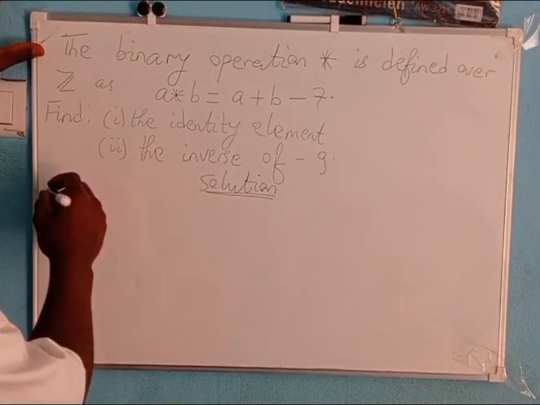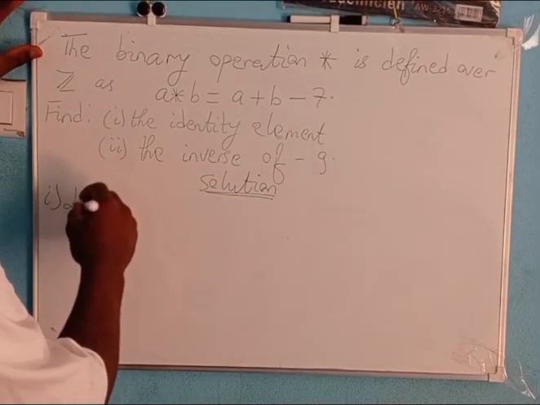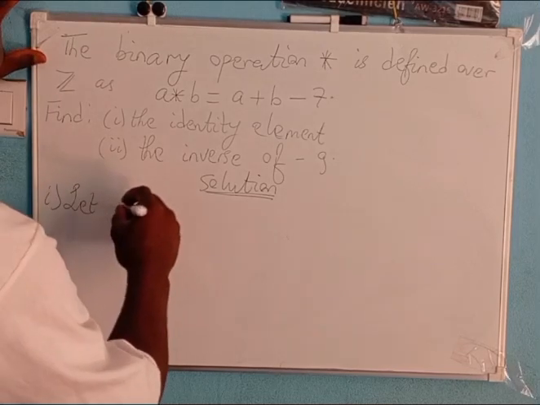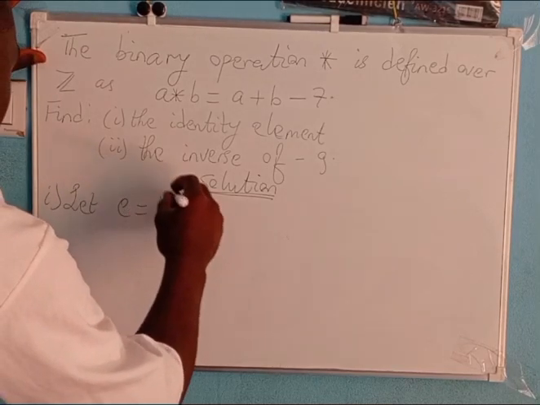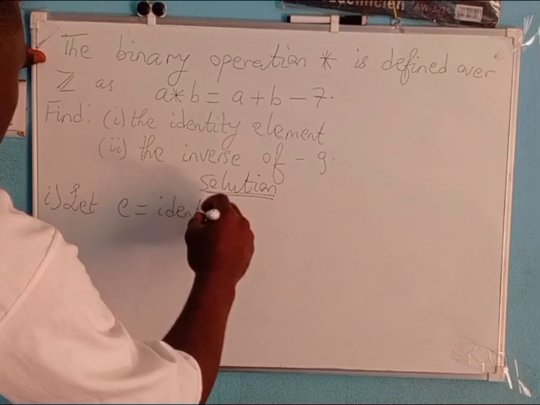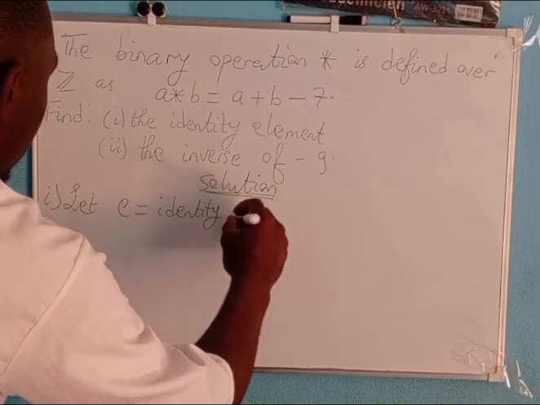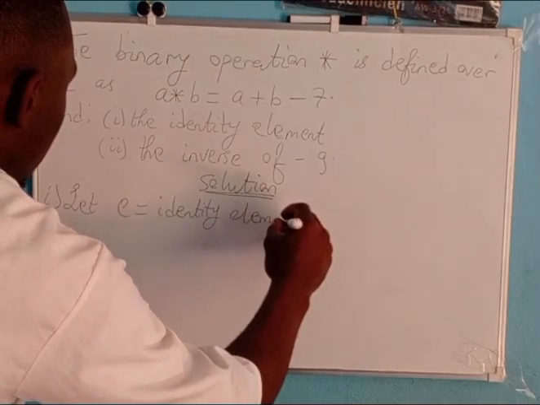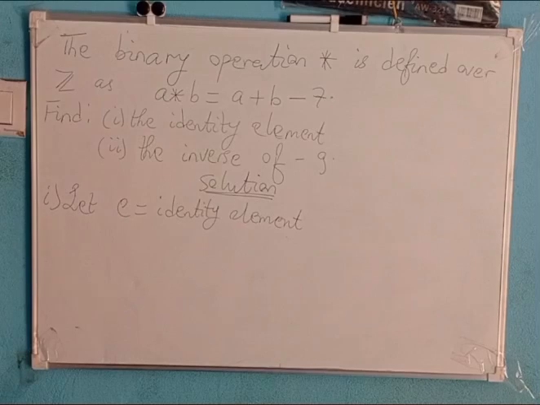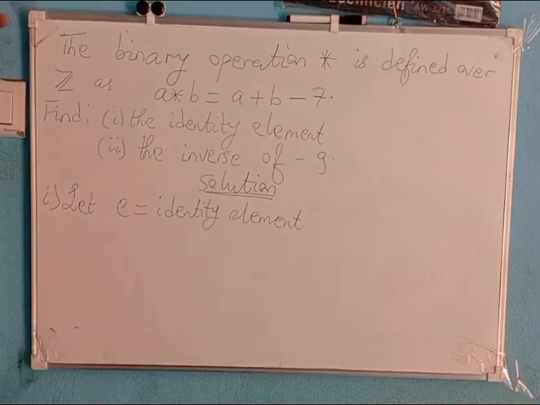We are going to start by saying let E be equal to the identity element, and the identity element E must belong to the set of integers.